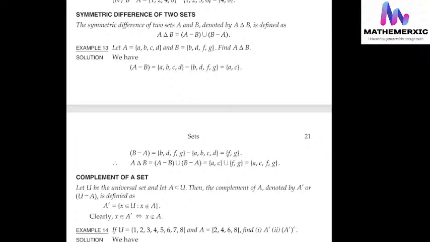So A minus B will be AC, and here we have FG. So A symmetric B is A minus B union B minus A. So that is the method.